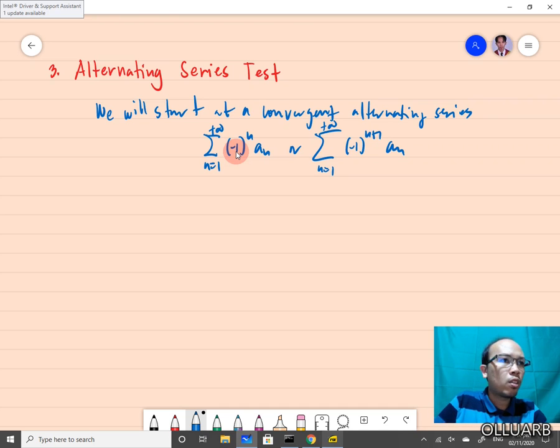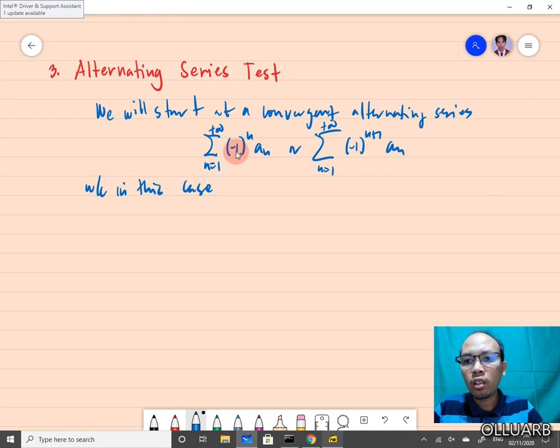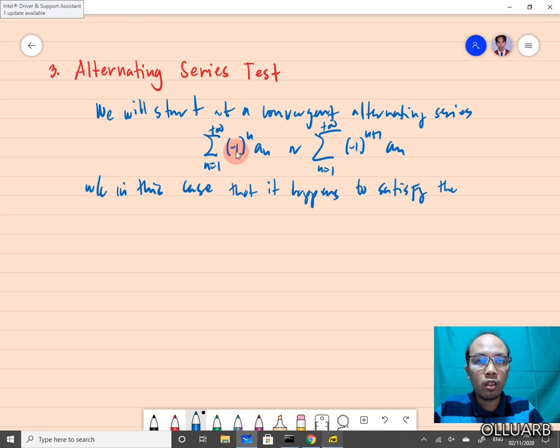Since it is a convergent alternating series, it happens to satisfy the conditions for the alternating series test.